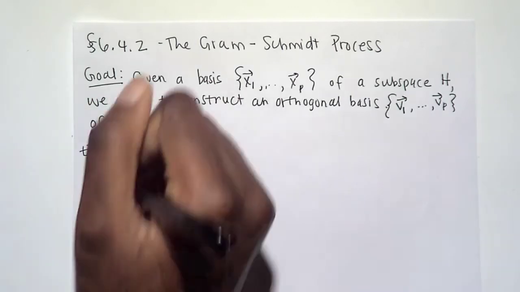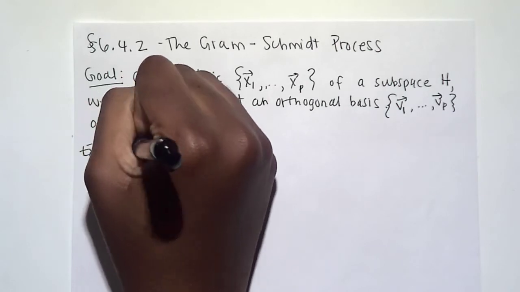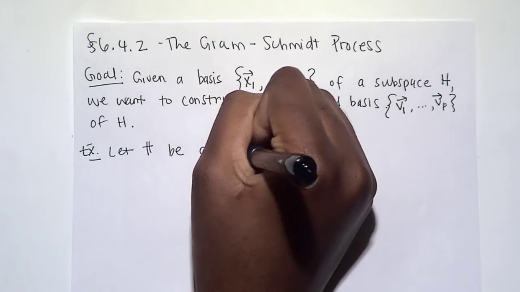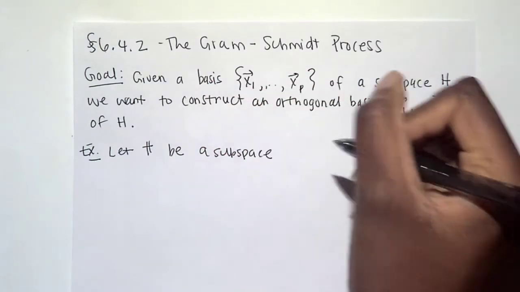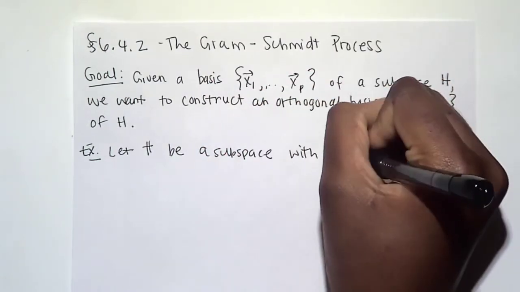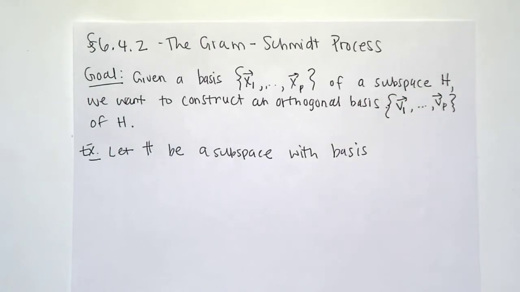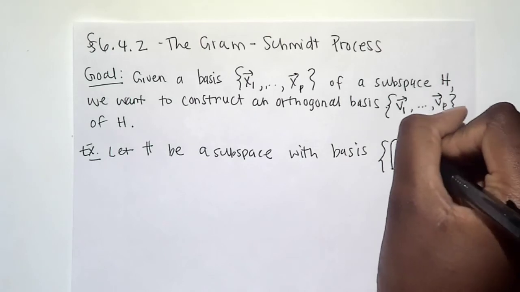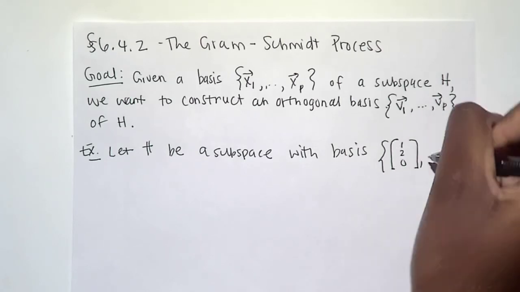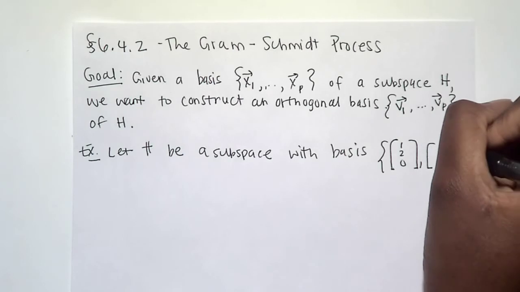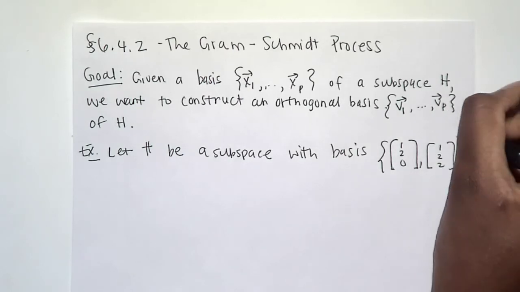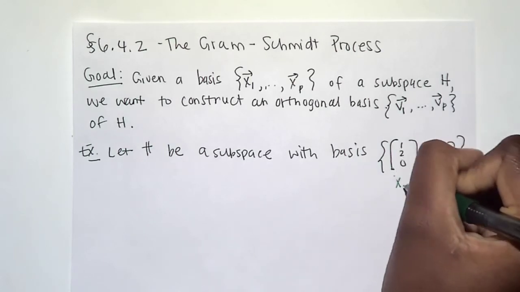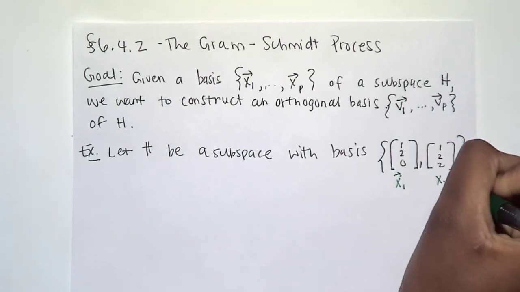Maybe not that quick. We are going to let H be a subspace with this basis: 1, 2, 0 and 1, 2, 2. And so let's call this x1 and call this one x2.